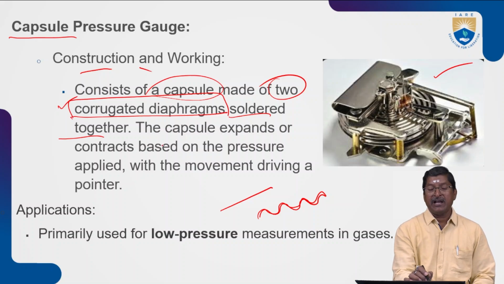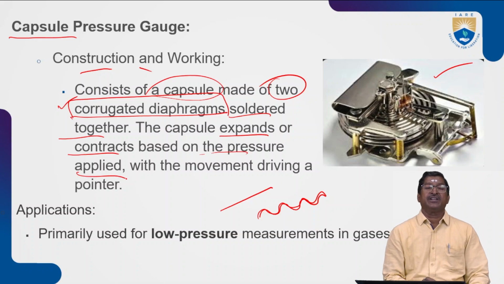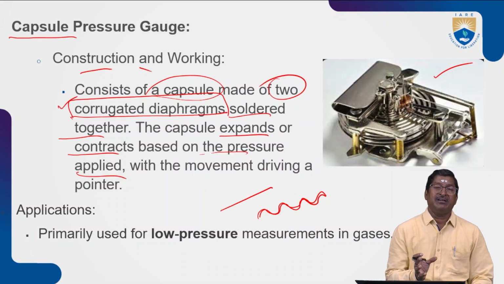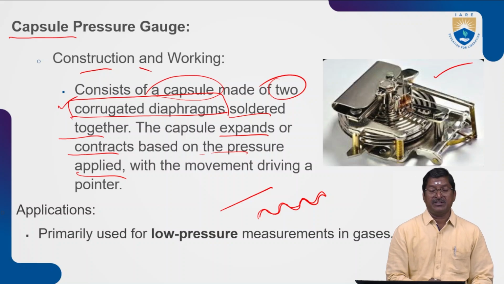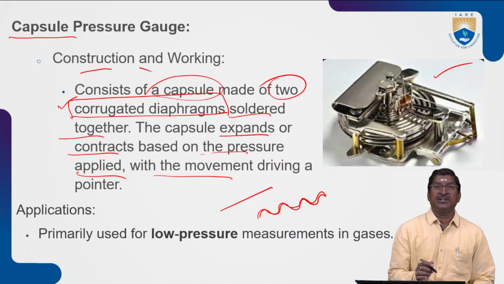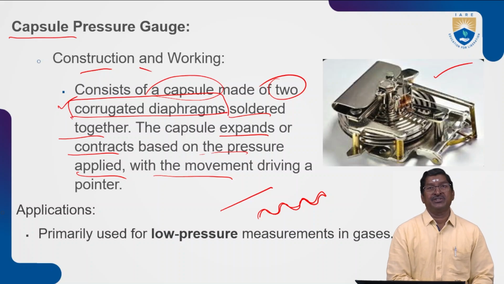The capsule expands or contracts based on the pressure applied. This expansion and contraction of the capsule drives a pointer, so that you get the pressure of that particular fluid.